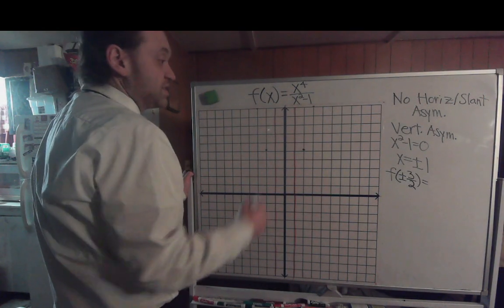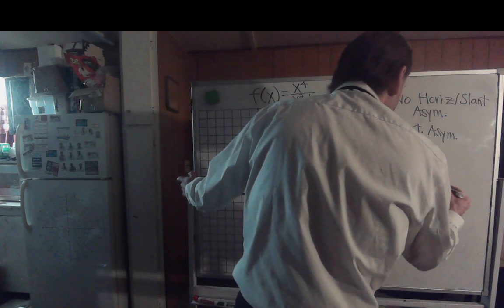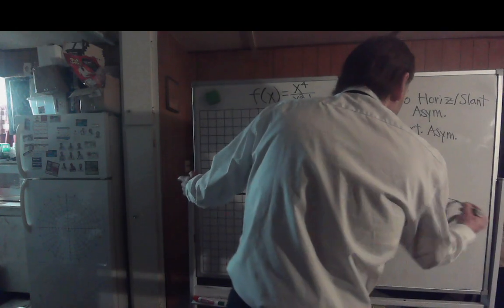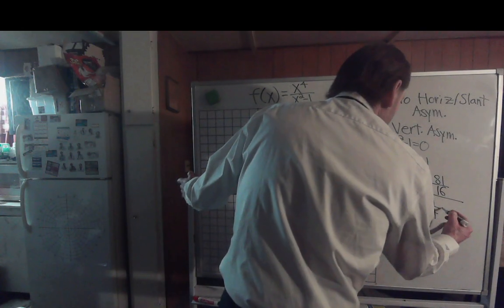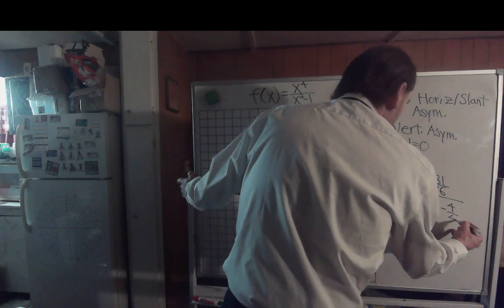So let's see, 3/2 to the 4th power, that's going to be 81 over 16. All that divided by 9/4 minus 1, which would be 4/4.